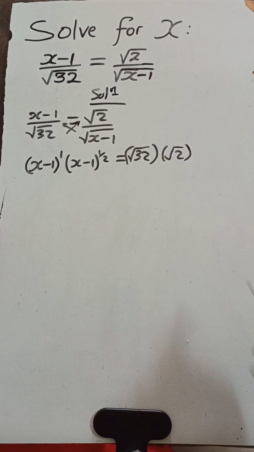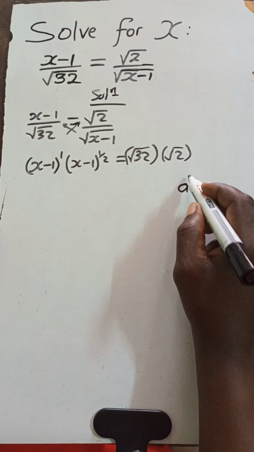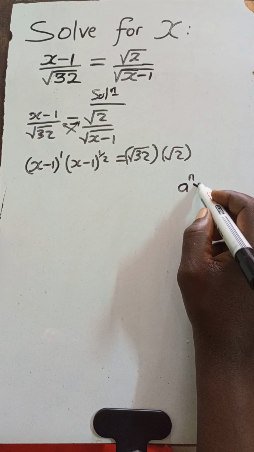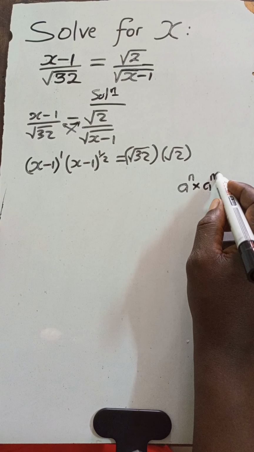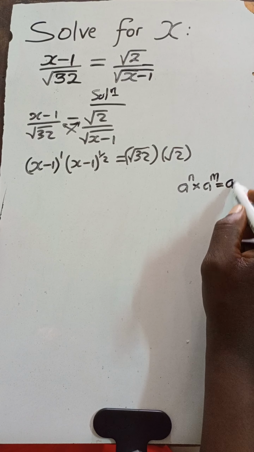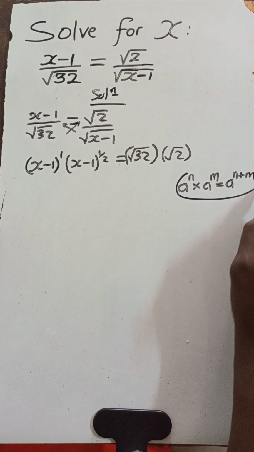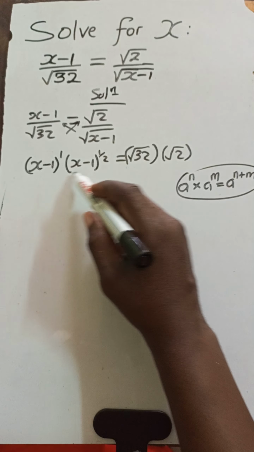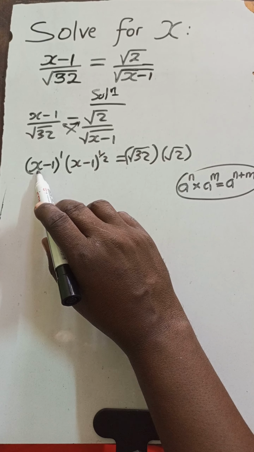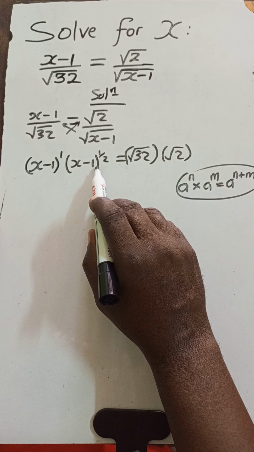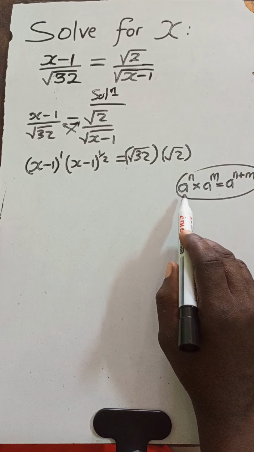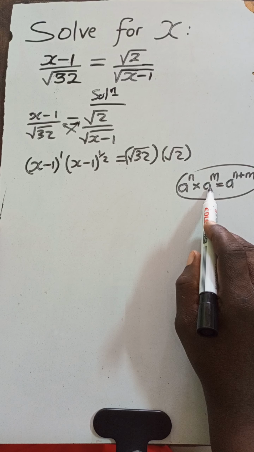What law of indices are we going to use? a to the n times a to the m should give us a to the n plus m. We're going to use this law here. Look at the base. The base is x minus 1, the same, just like the base here is a.